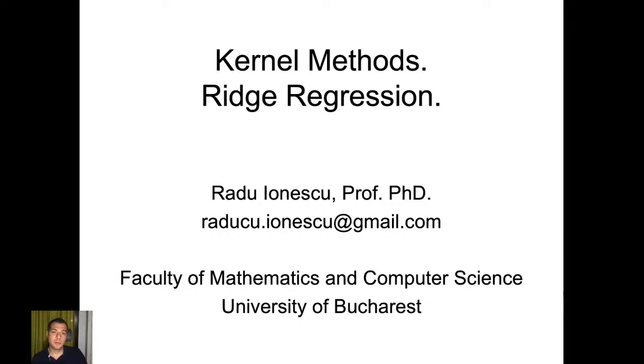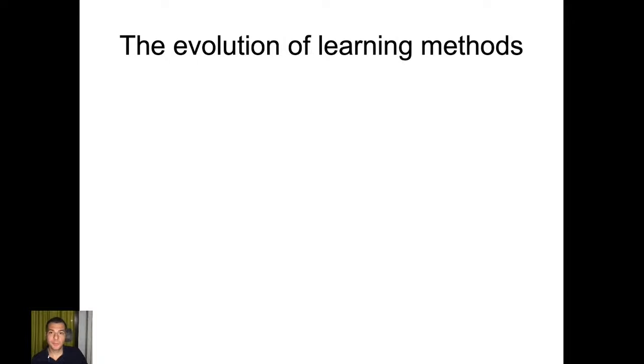It is based on classic linear regression with L2 regularization. We will continue the discussion about kernel methods also in the next lecture, and we will also make a smooth pass to neural networks.